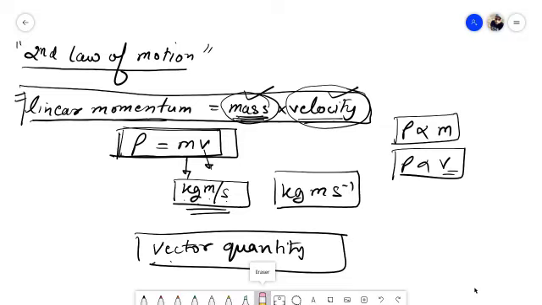Now let's understand what the second law of Newton states.